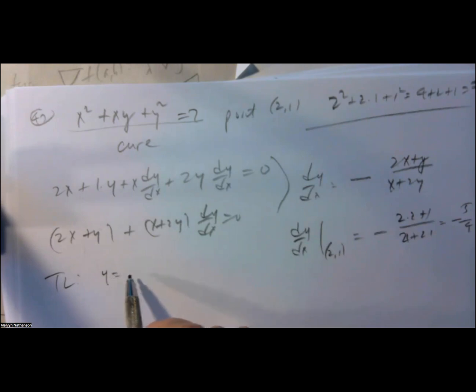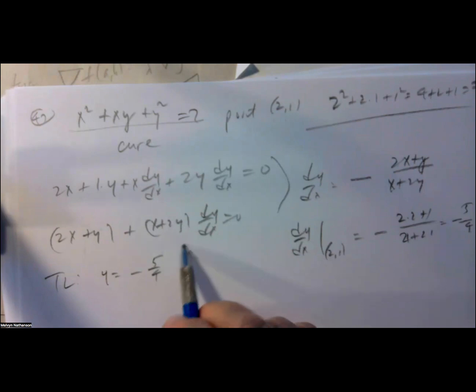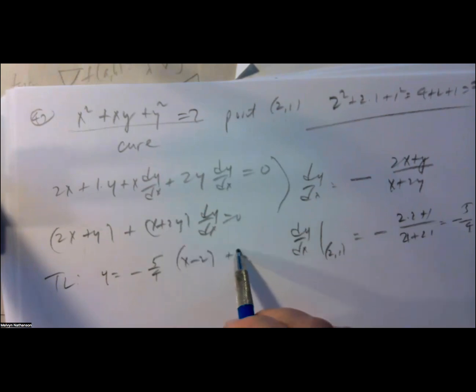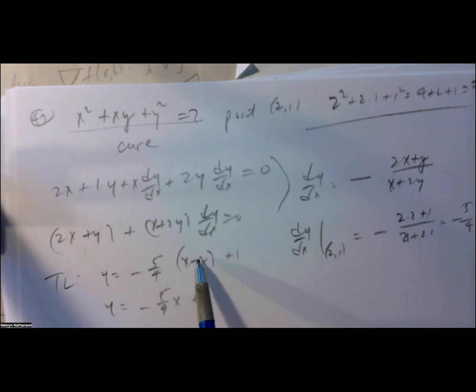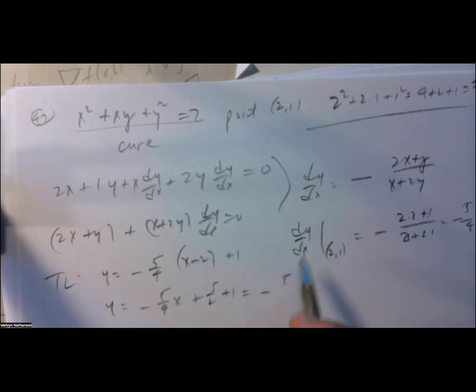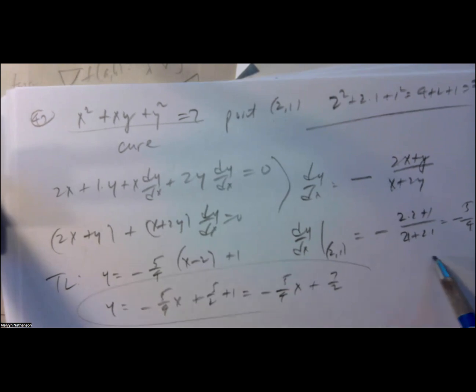So that will be y equals minus 5/4 times (x minus 2) plus 1, or y equals minus 5/4 x plus 10/4, which is 5/2 plus 1, or minus 5/4 x plus 7/2. That's the tangent line. The tangent line has slope m equal to minus 5/4.